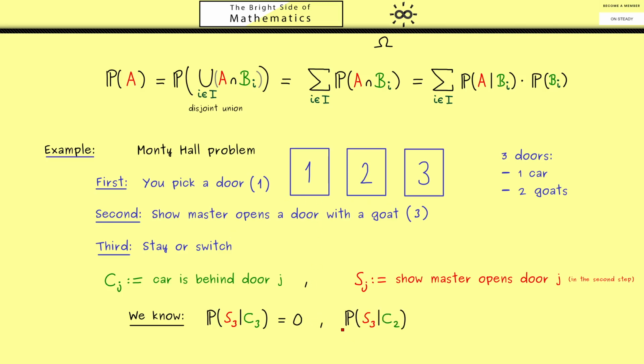Therefore, we also know the probability of S3 under the condition C2. Because, this is what I told you, he opens one of the 2 remaining doors, never the door you picked. So in this scenario here, he does not have a choice. Hence, the conditional probability here is 1. Then, the last remaining case would be where he has a choice, therefore we say the probability is 1/2.